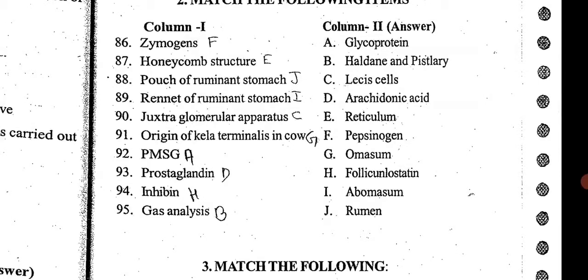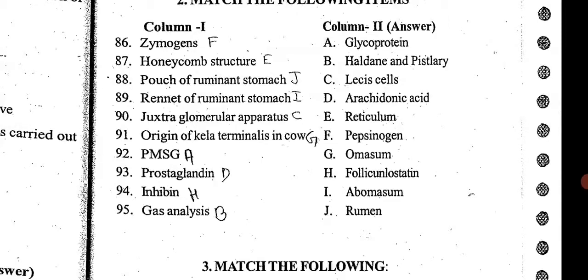It is the third part of the stomach, and the true stomach gives rise to rennet. Rennet is produced from the true stomach, or the glandular stomach, or the abomasum, whereas the origin of chela terminalis in cows is the third part of the ruminant stomach, that is omasum.